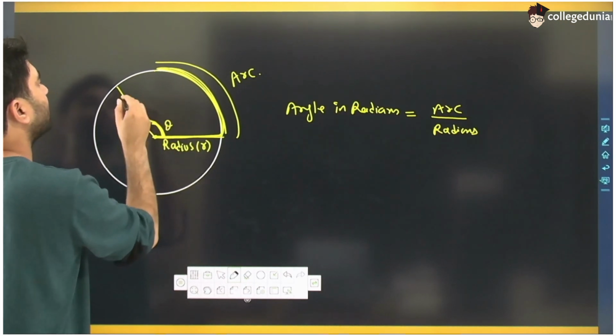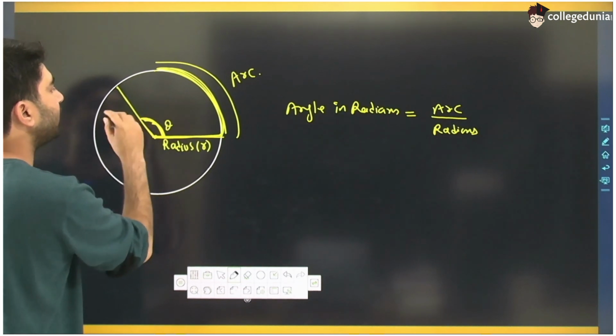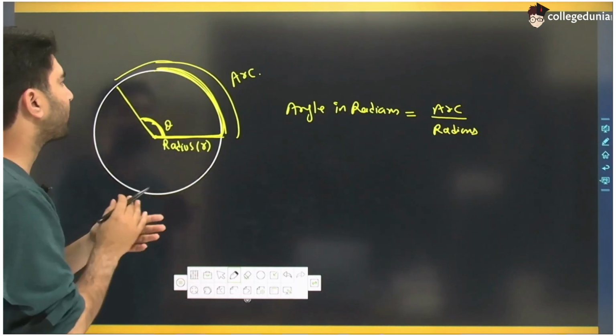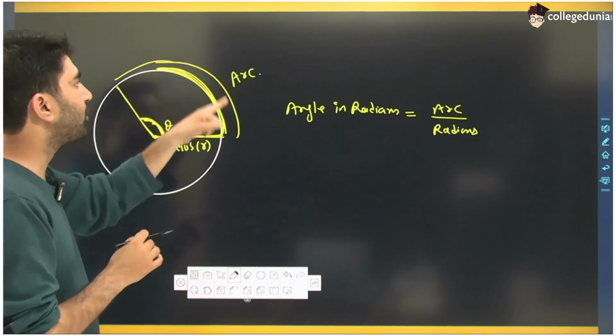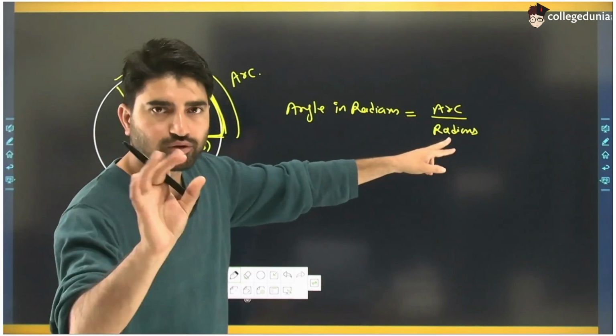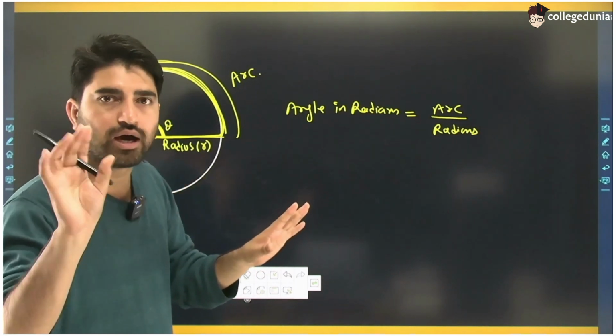So let's just increase this angle. If this angle is increased, that will be the result of an increased arc. As you all know, angle is directly proportional to arc. We have taken radius as constant. We are not going to change the radius, we are just making changes to the arc.